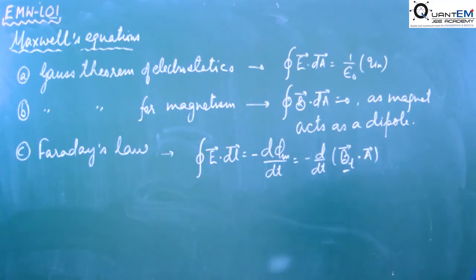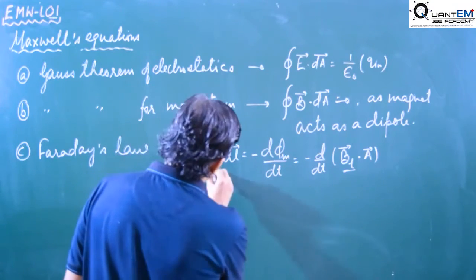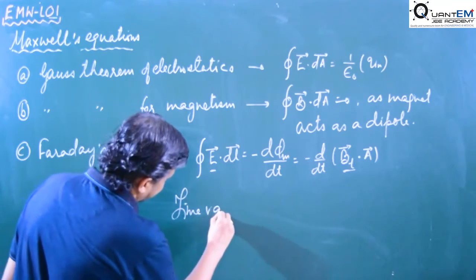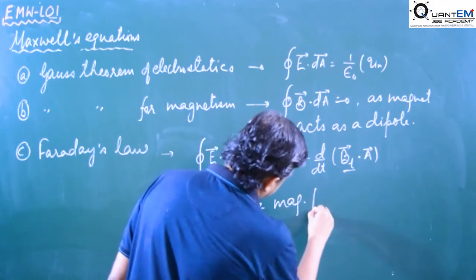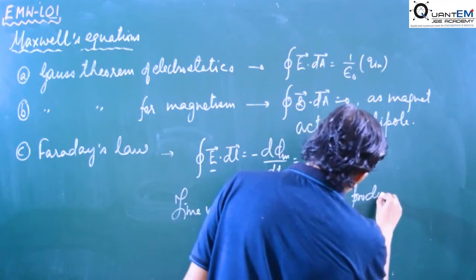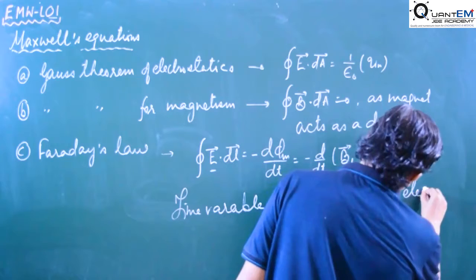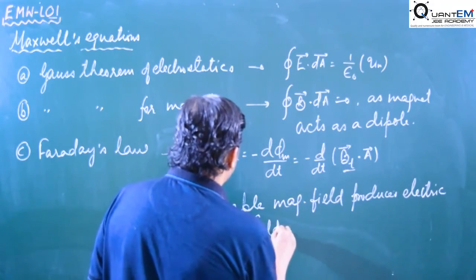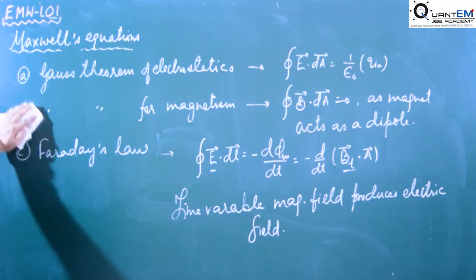So see what we have, the magnetic field is a function of time, so the time variable magnetic field produces what? Electric field. Okay, and the fourth one is... after this we will go into the details of each.